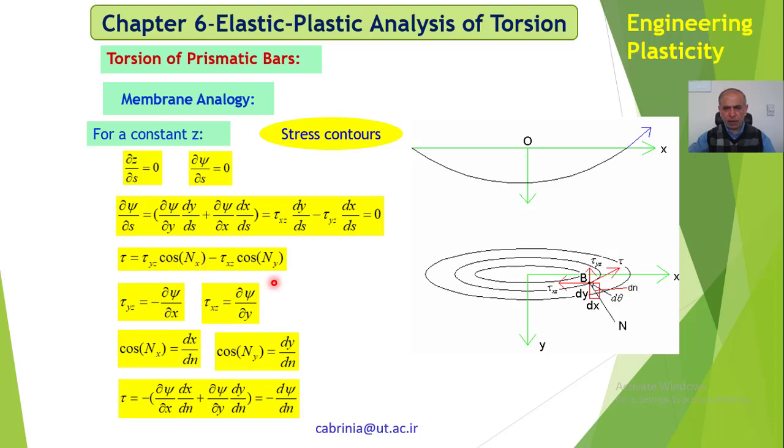Tau yz cos nx, where nx and ny are these. cos nx is dx over dn, because that's dx, and that's dy, and that's the angle between them, and this is the normal at b, so dn is this bit. If that is dy, if that is dx, then dn is that bit. So cos nx and cos ny, we could write them as dx over dn and dy over dn.